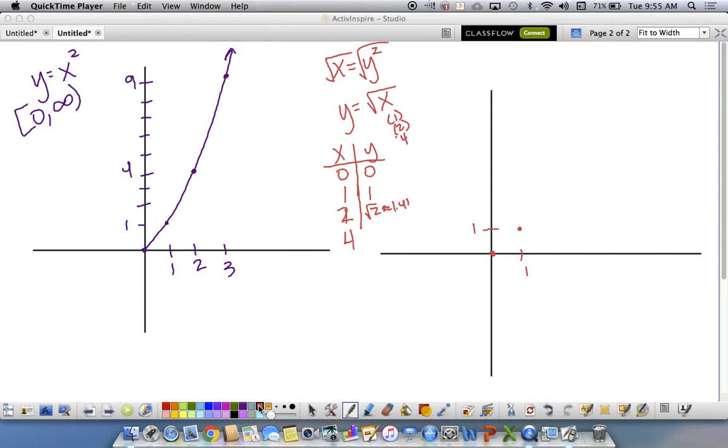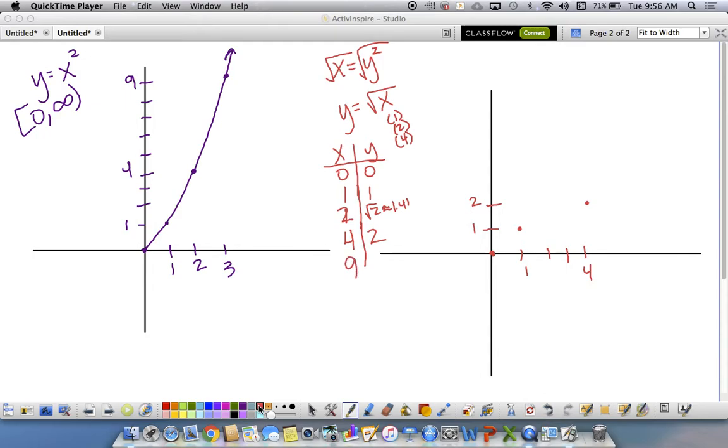What if I pick 4? If I plug in the square root of 4, do I get an answer? Yes, we get 2. So I'm going to plug in my x value to be 4, and I get an output of 2. Do I want to plug in 5 or 6 or 7 or 8? Oh, wait, what about 9?